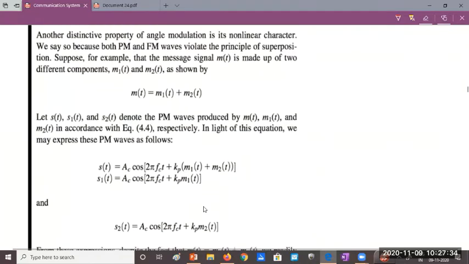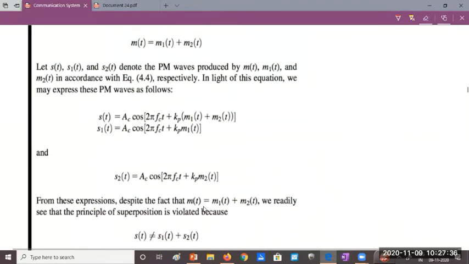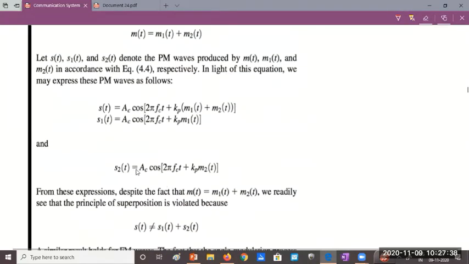Similarly, if m2 alone was the message, the phase modulated signal would be Ac cos 2 pi fct plus kp m2 of t. Now, linearity means that if I add these two expressions, S1 and S2, I should get S of t.